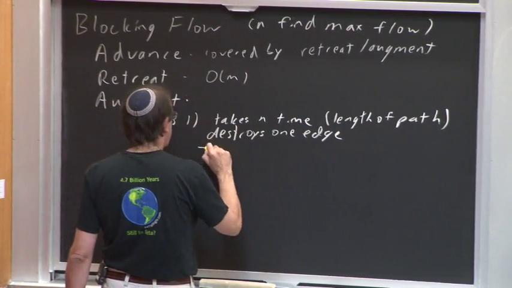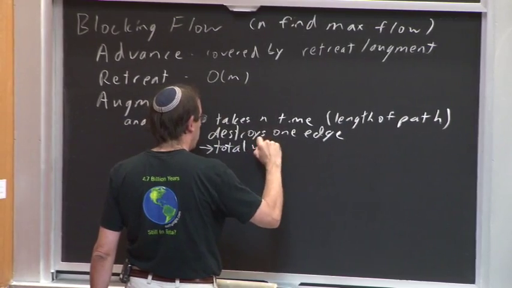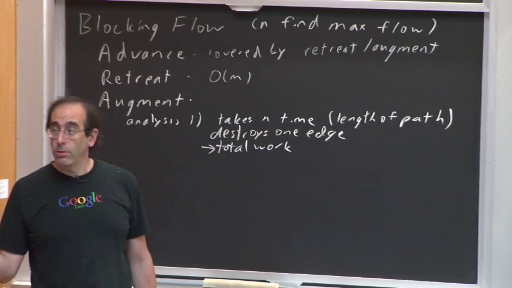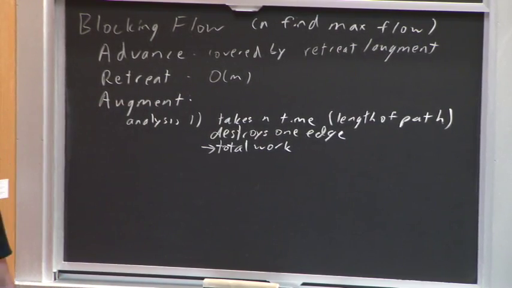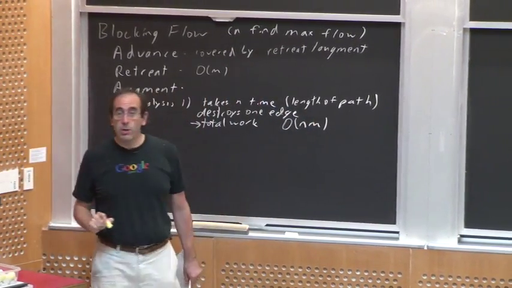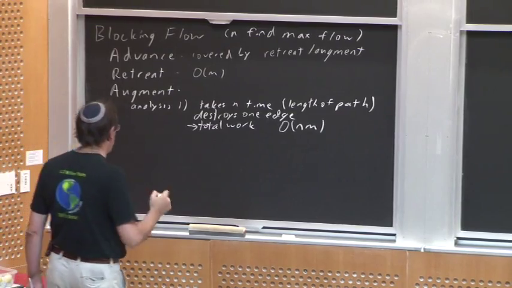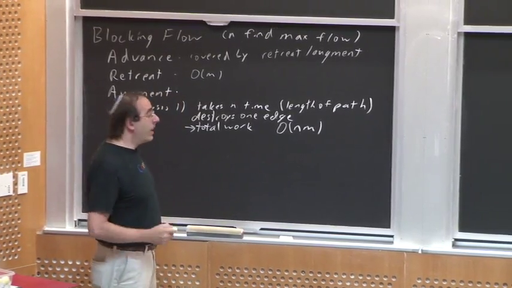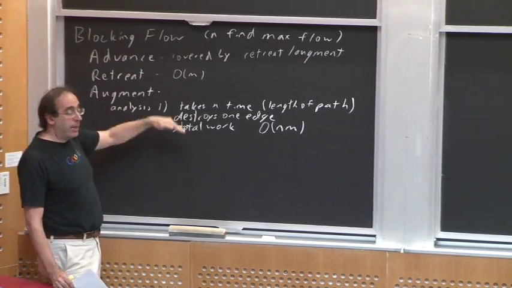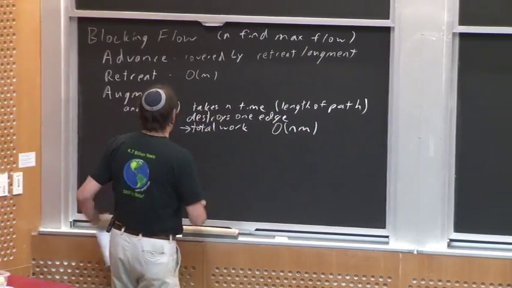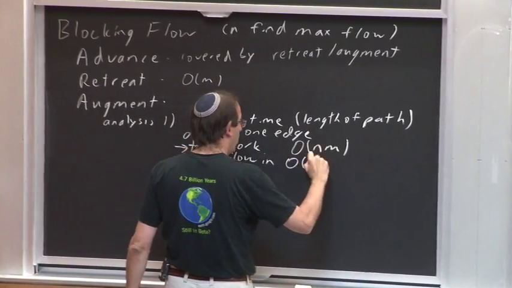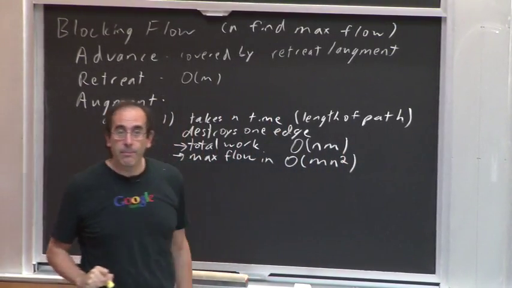And this implies that the total work of augmentations is how much? Nm, right? If you just charge the work to the edge that gets destroyed. So that tells us that in a blocking flow calculation, the retreats are totally dominated by the augmentations, which take a total of nm work, and that implies that you're going to find a max flow in order mn squared time, right?